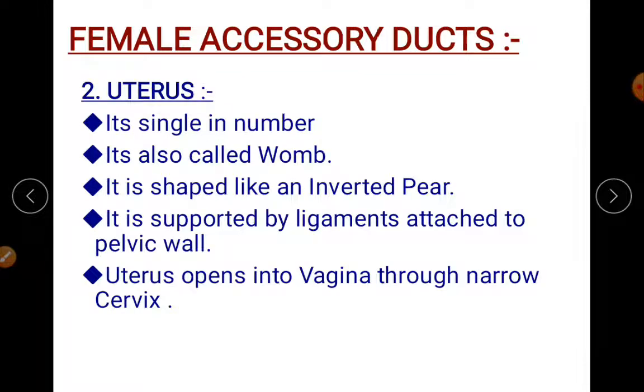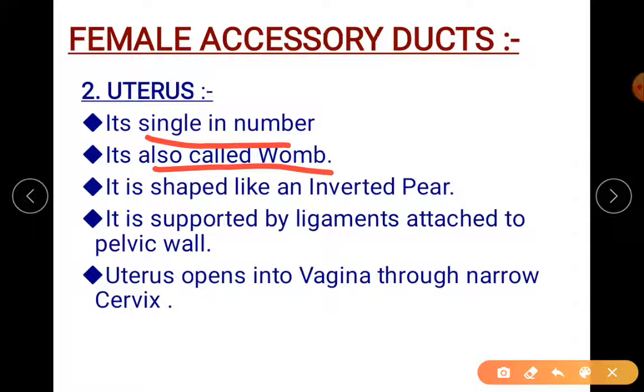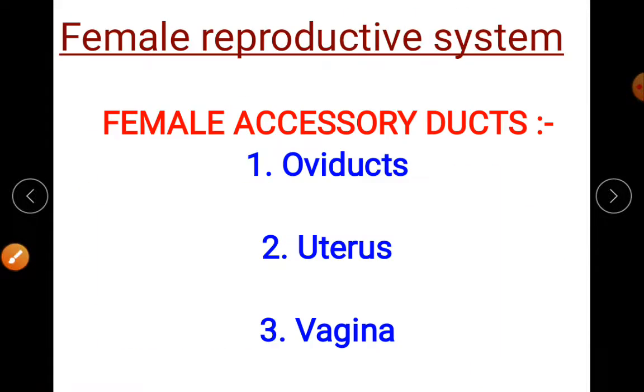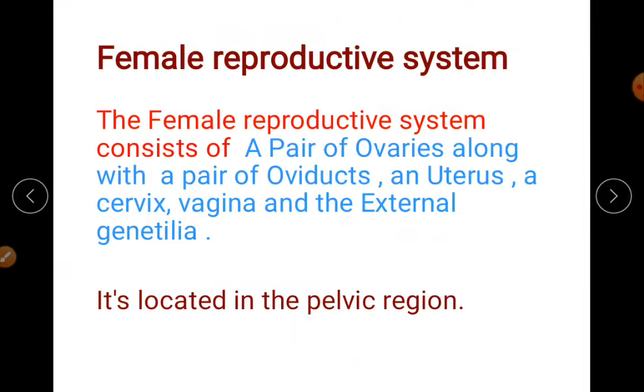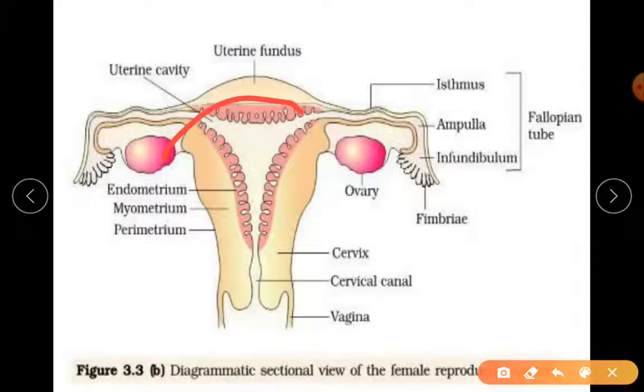The second part is the uterus. It is single in number. It is also called the womb, and it is shaped like an inverted pear. To know what the uterus is, remember I said the womb. This is the womb.